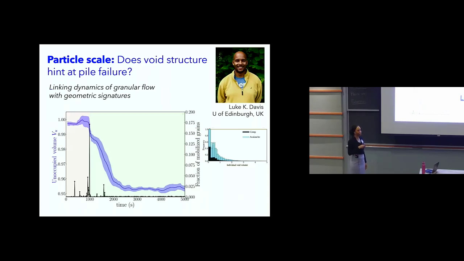And we do observe a signature that coincides with substantial flow events that are happening within the pile. We also observe that when piles avalanche, there tends to be more void space available to grains compared to when piles creep. So there's a densification that's happening for piles that creep only that makes it distinct from those that have failure events.